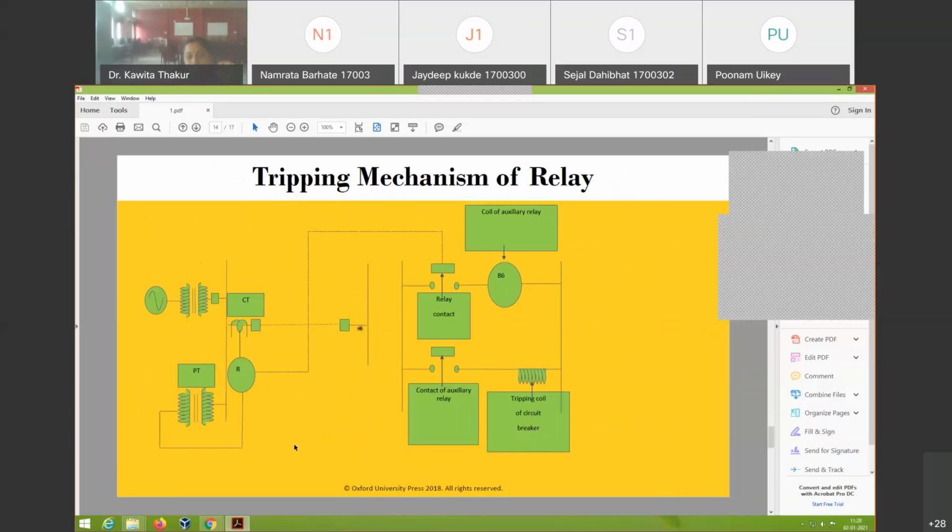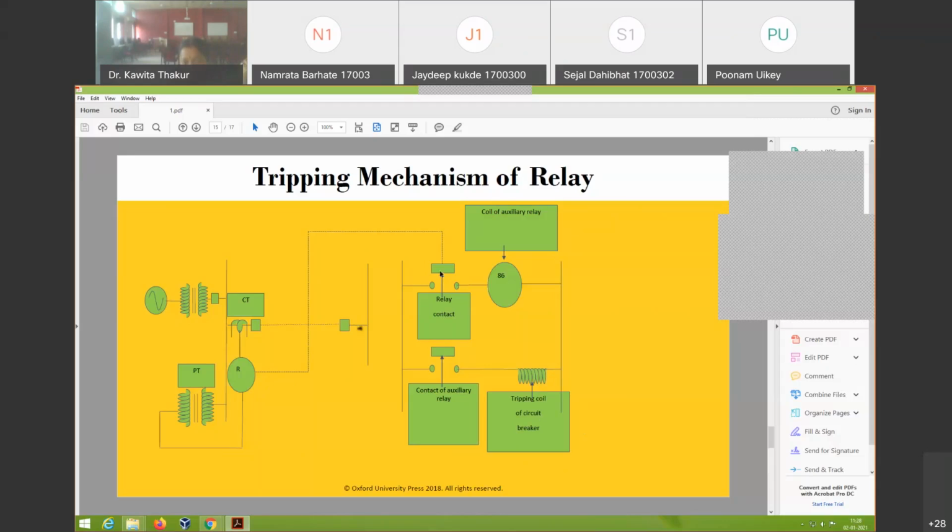Tripping mechanism of the relay, this we have already seen. The relay gets signal from the CT and PT and then it is given to the trip mechanism. Here we have the auxiliary coil of the relay and the tripping coil of the circuit breaker. If the relay finds that the actuating quantity, the fault current, is greater than the set value, it will give a tripping signal.